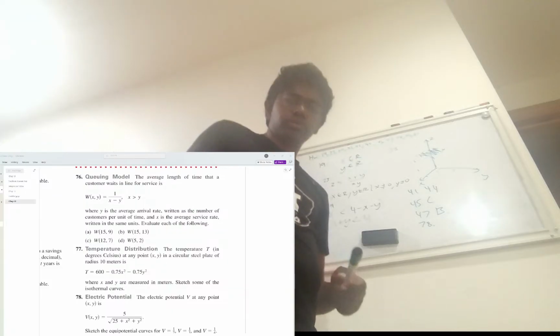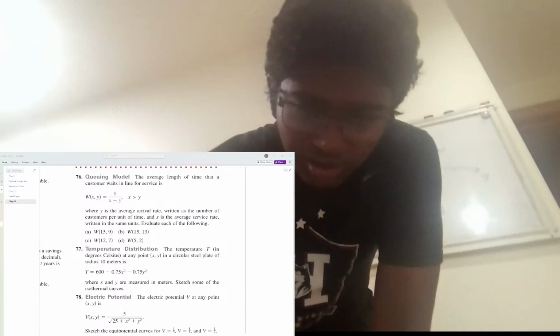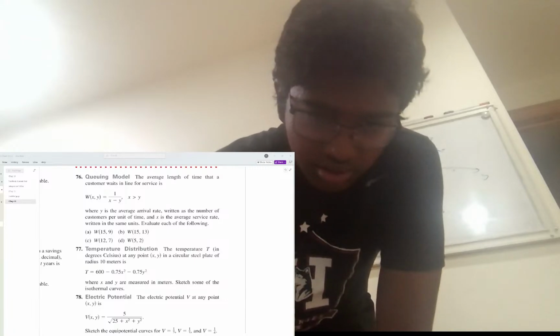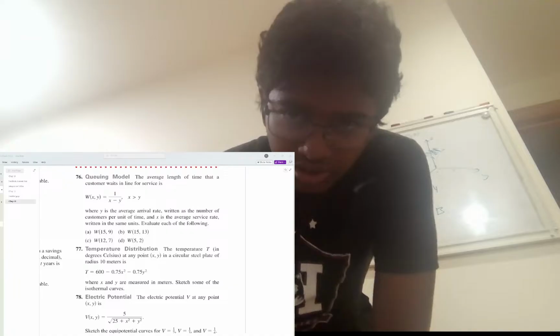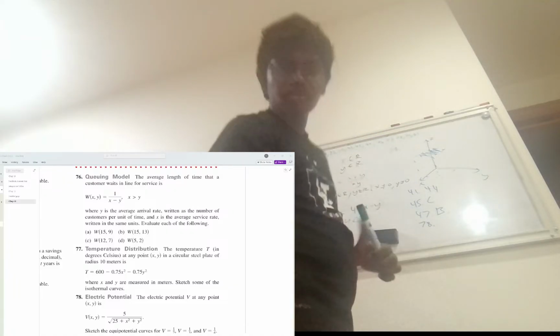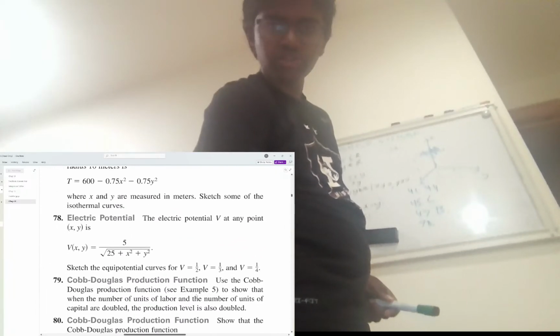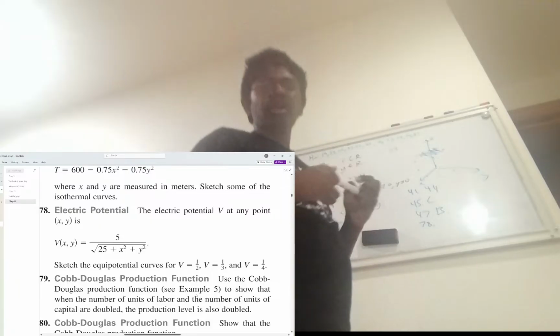Okay, let's do this, 78. Electric potential at any point. Sketch the equipotential curve.